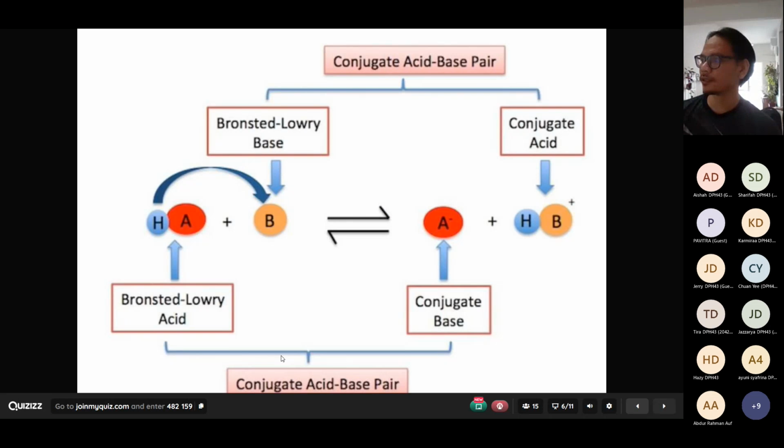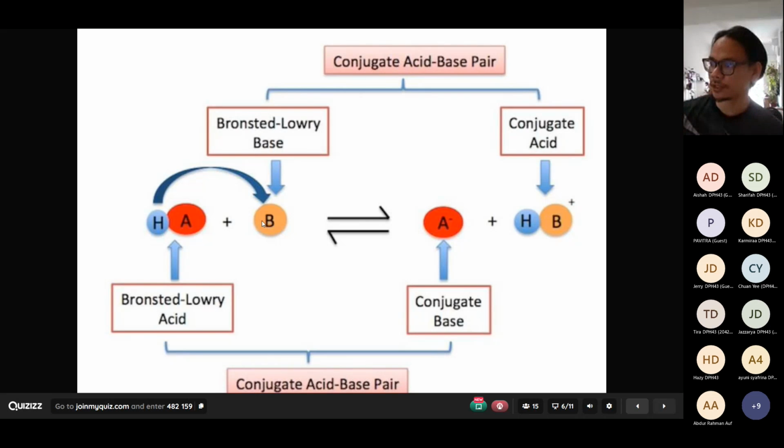Conjugate acid and base, we look at one chemical equation, the same one I showed earlier. When A reacts with B, as we covered, if A donates its H+ to B, that means A is the acid, B is the base. So we look at the products of that reaction. When A reacts with B, of course it will produce something new. Remember in chapter 1, in the definition of chemical reaction, something new is formed.